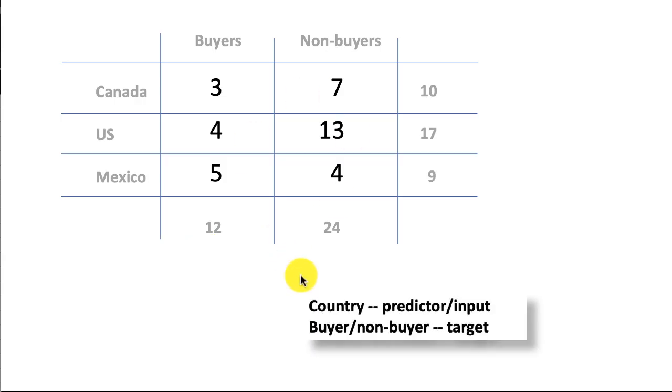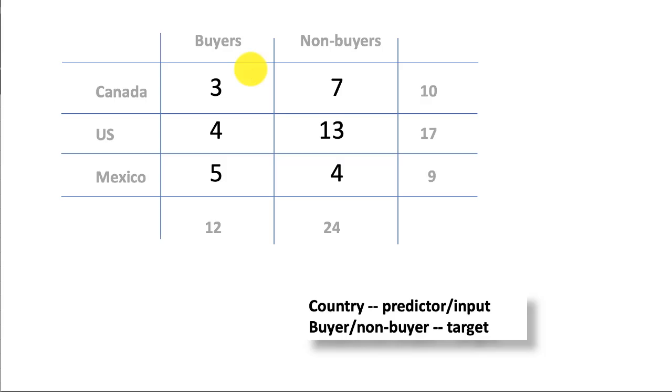So we can now look at this as if it's a predictive analytics problem. We can think of the country as a predictor attribute, and whether a person is a buyer or non-buyer, the status, as the target attribute.